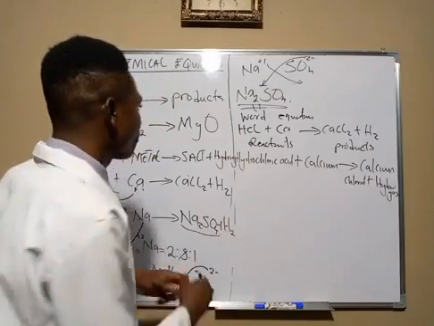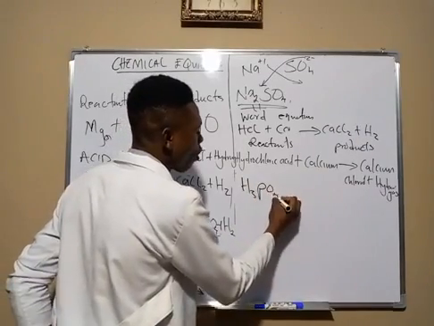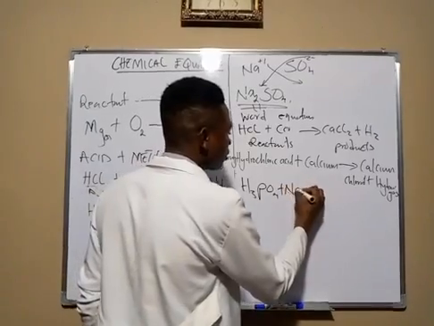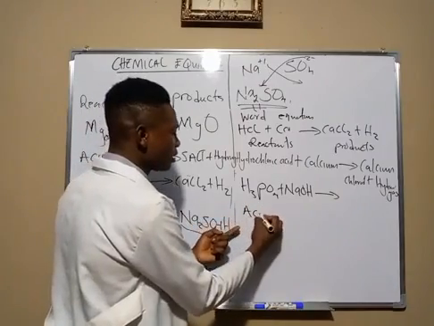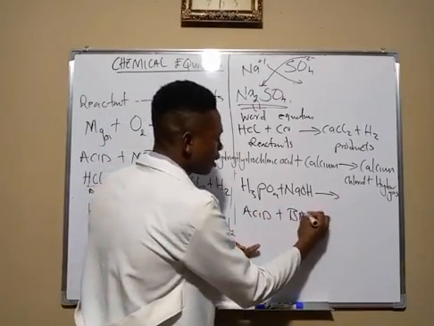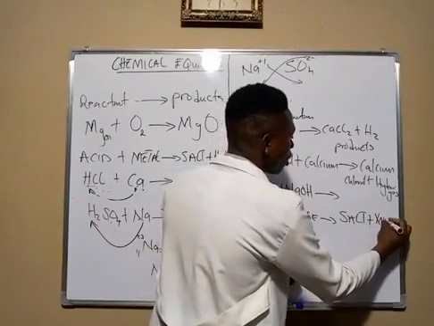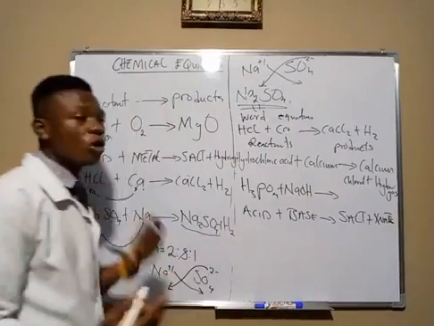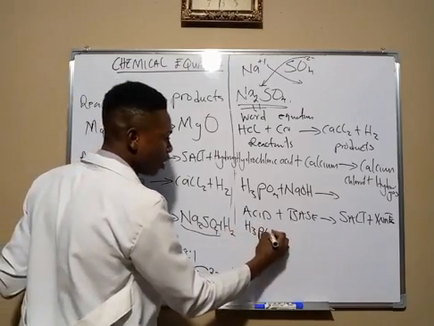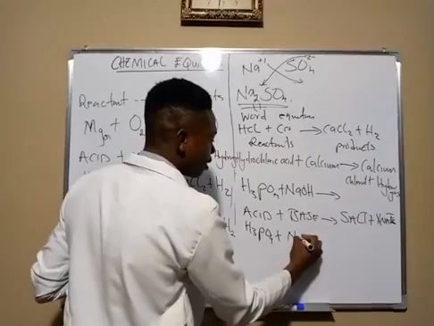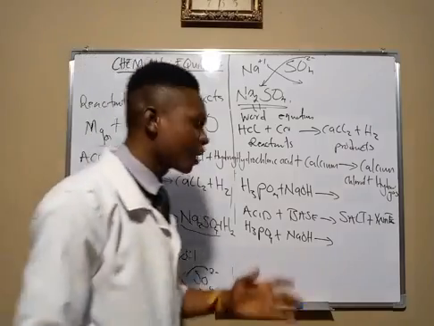What if you have been given something like H3PO4 reacting with NaOH? This is a reaction of an acid and a base that will form salt and water only. So I'm telling you about chemical equations now. H3PO4 plus NaOH equals, so how do you form the chemical equation?